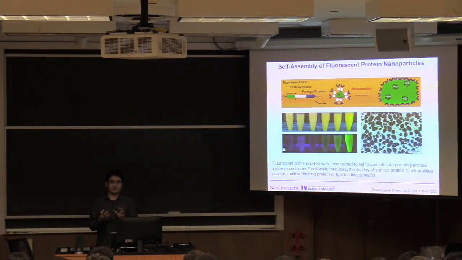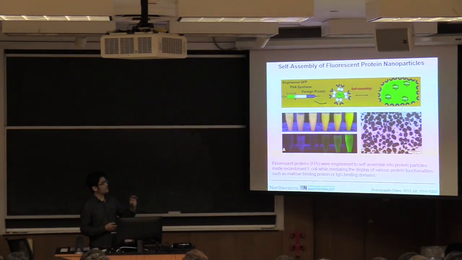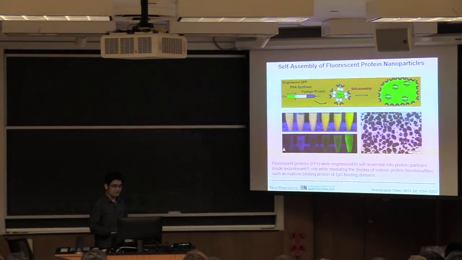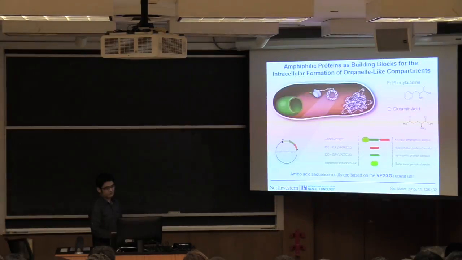Because of the hydrophobic interactions of the GFP proteins, the structures can self-assemble into nanoscale particles inside the E. coli living cells. On the bottom right are the TEM images of the self-assembled protein nanoparticles, and on the left side are the optical and fluorescent properties of the generated nanoparticle structures. These are two of the early works in this field.